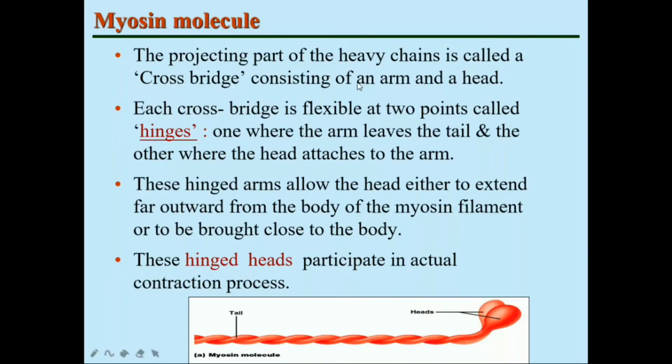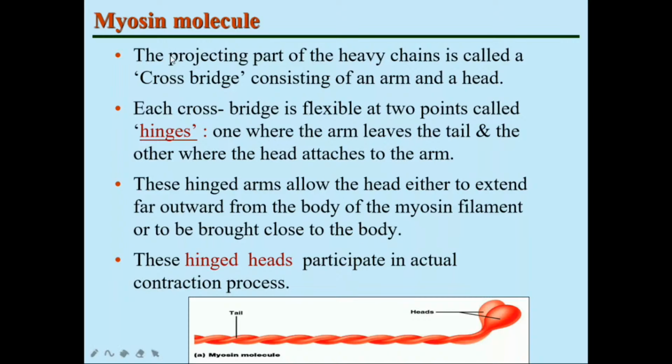The projecting part of the heavy chains is called a cross bridge, consisting of an arm and a head. So this part of the myosin molecule, which projects outwards, away from the direction of the tail, is called the cross bridge. It is called a cross bridge because during contraction, the head of the myosin molecule attaches to the actin molecule, and therefore it interlinks these two parts.